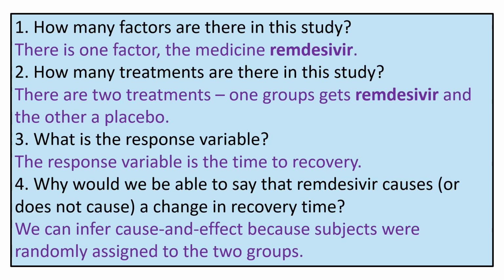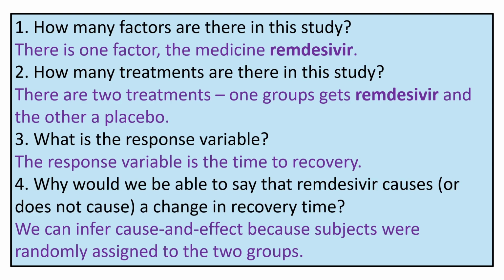What we want to do in a designed experiment is make the only systematic difference between the two groups be the factor that we are controlling. In this case, we want the only systematic difference to be that one group is getting the drug and one group is getting the placebo. And so how do we deal with all the other sources of variation? Well, we randomize.